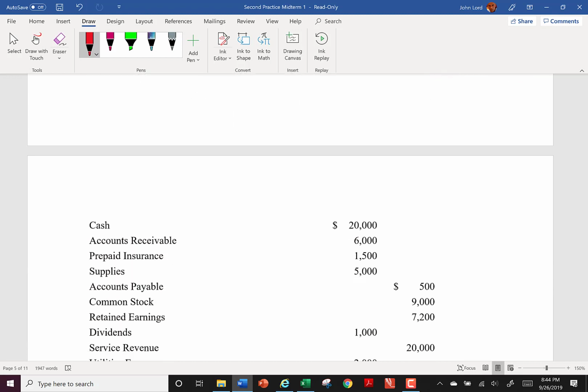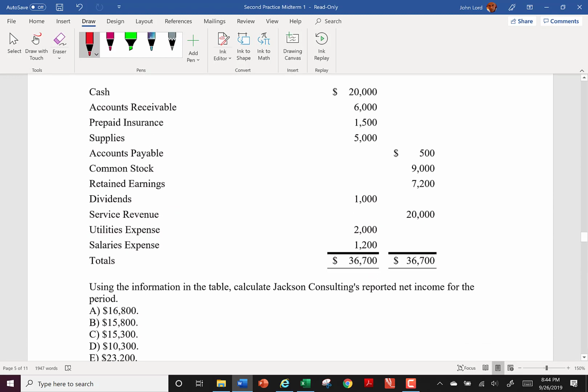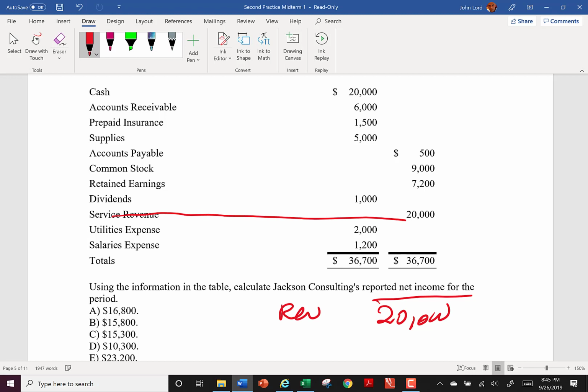Jackson Consulting, net income. We already had this question, or almost the same thing, right? Revenue is how much? 20,000. Expenses, and they give us the same expenses even. Utilities, right? Utilities, what, 2,000? 2,000.